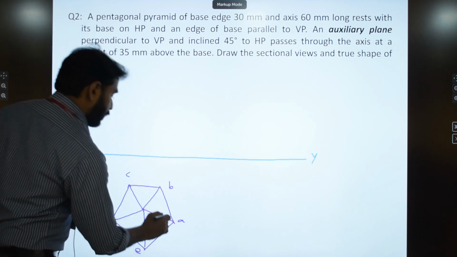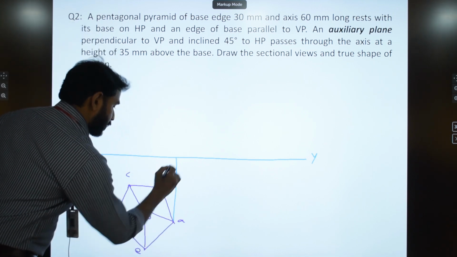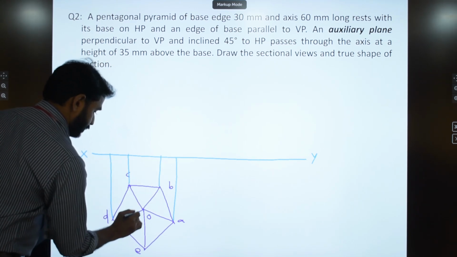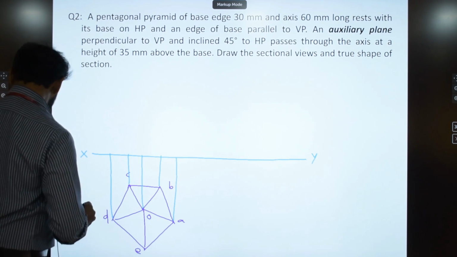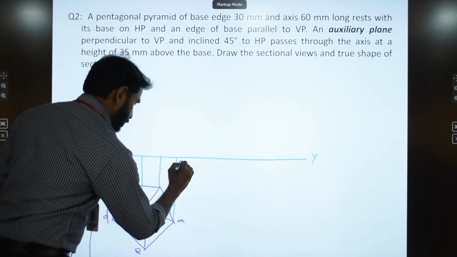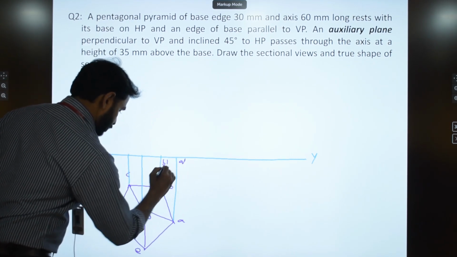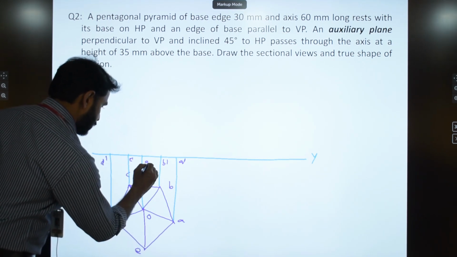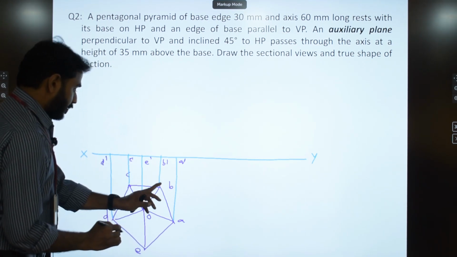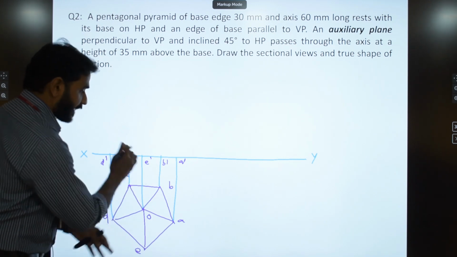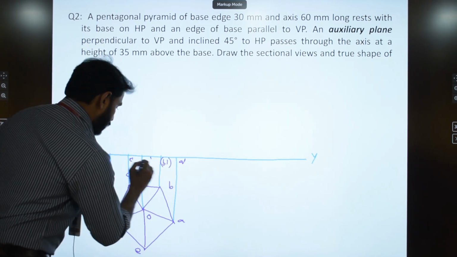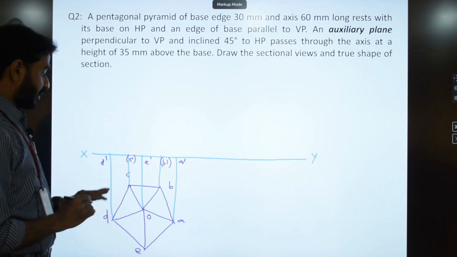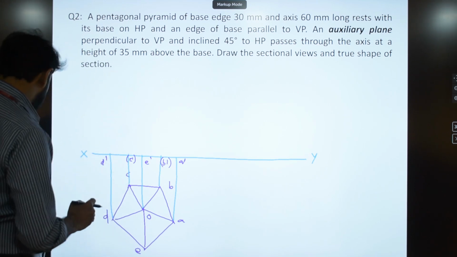Now to draw the front view, I draw projectors from each of these corners. So this is A dash, B dash, C dash, D dash and E dash. Here B dash and C dash are at the back side, so it would be better to keep them inside brackets so that you can easily identify the points which are at the back side.